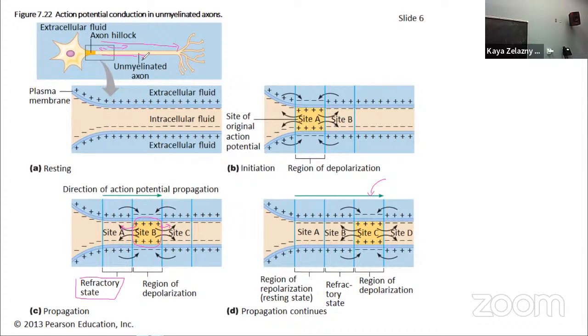We want this action potential to be sending a signal in a direction. And so the refractory period is really important for that purpose, because that's what stops us from accidentally triggering an action potential at the place where we just had our depolarization. Okay. So that's part of why we care about these refractory periods.